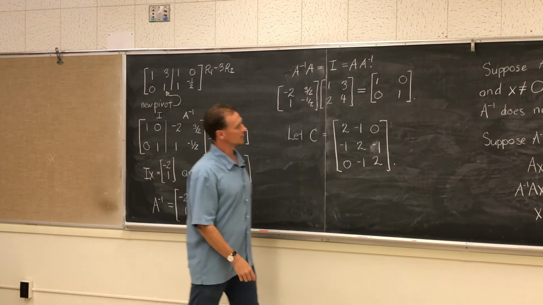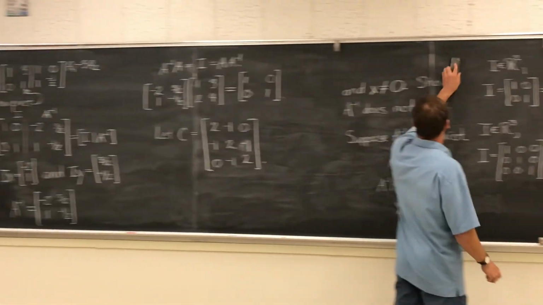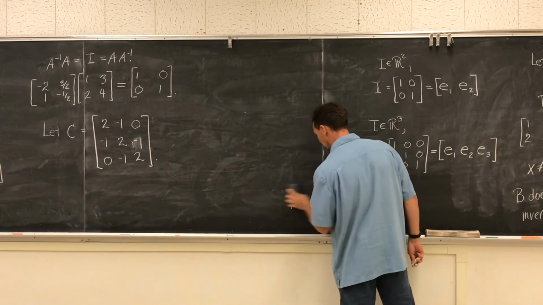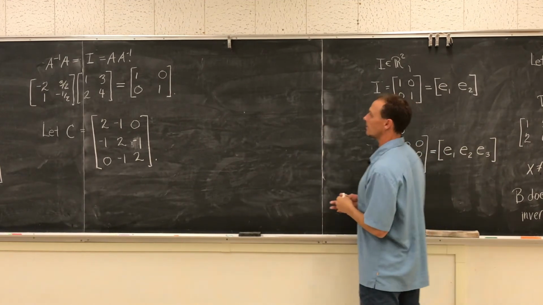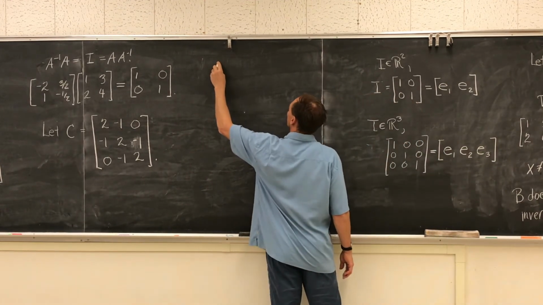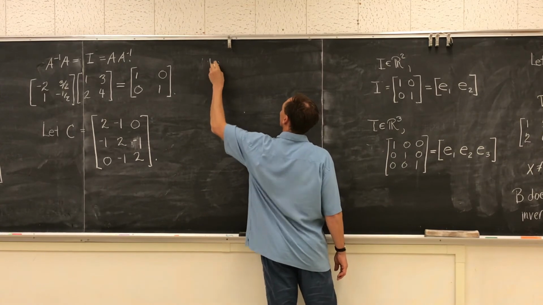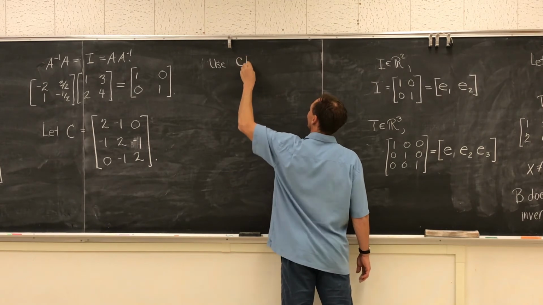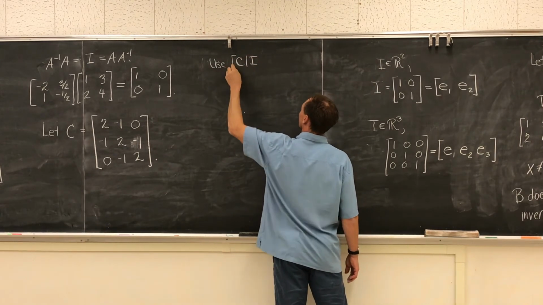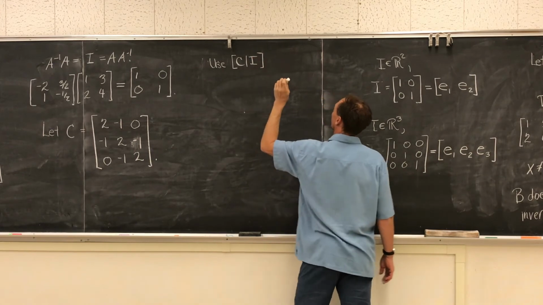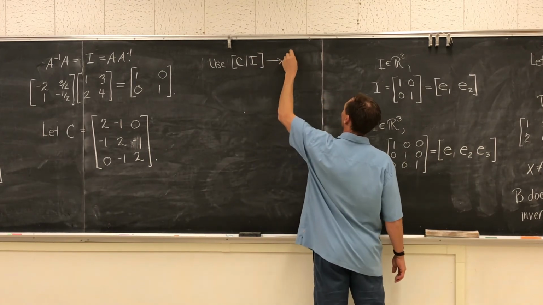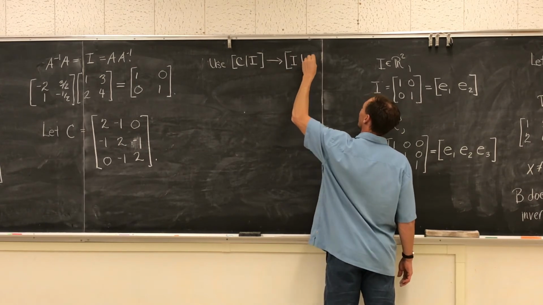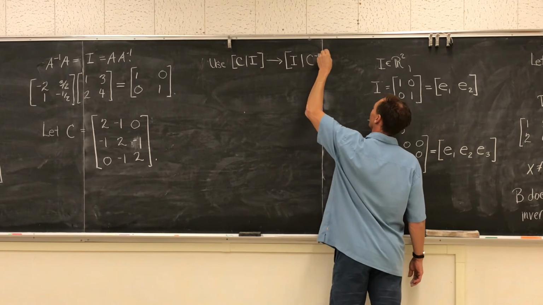Okay, now we're going to work. Ready? Let's come over here. So, how do we solve it? What we do is we use the augmented matrix of C I. And then what we're going to do is row operations, and when we get to I on the left, the result is C inverse.